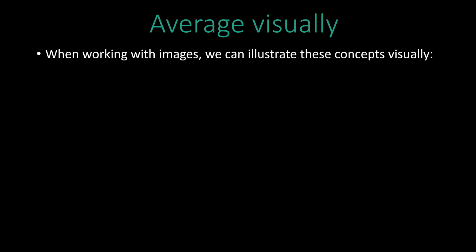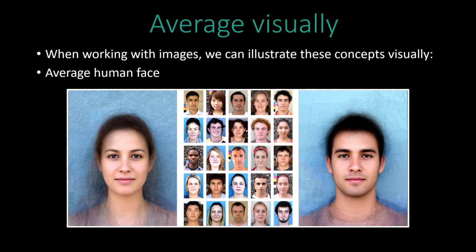Okay, so when we are working with images, we can also illustrate these concepts visually, and we can start with photos of faces. This is something like an average human face.